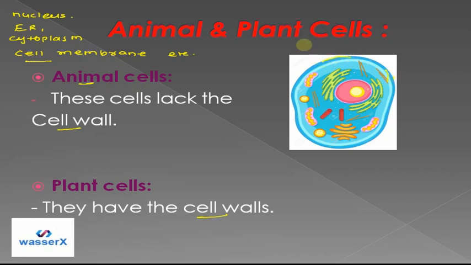This membrane is the outermost membrane for the cells. There is no presence of any extra layer, or any extra protective layer called the cell wall. Now, how can the cell wall be differentiated?